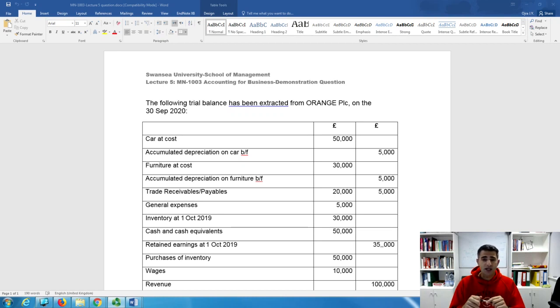This is a very important question. You should understand it in order to succeed in this module, and also in order to understand the financial statements. So let's go and do it.